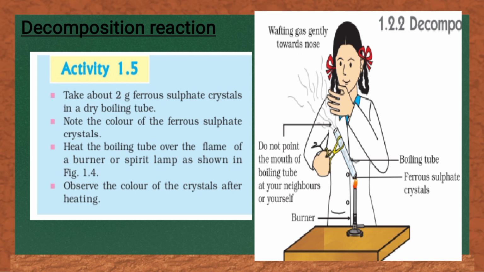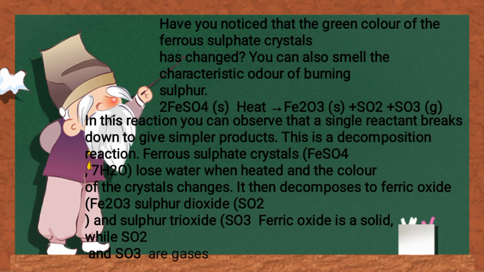And be careful, the mouth of the boiling tube should never face your mouth or your face. You will find a gas wafting gently towards your nose. You can see some gases appearing when you heat the ferrous sulfate. Have you noticed that the green color of the ferrous sulfate crystals has changed?